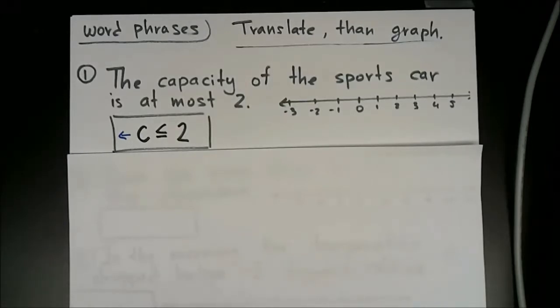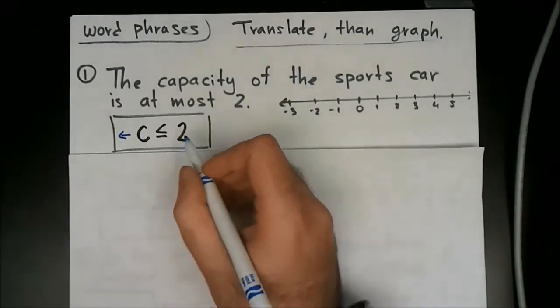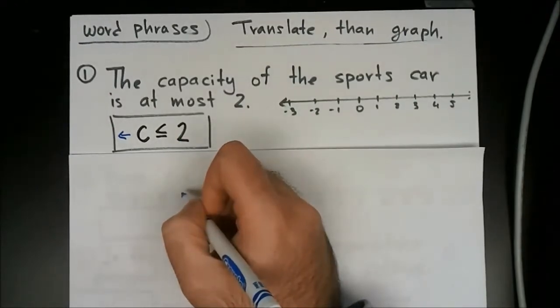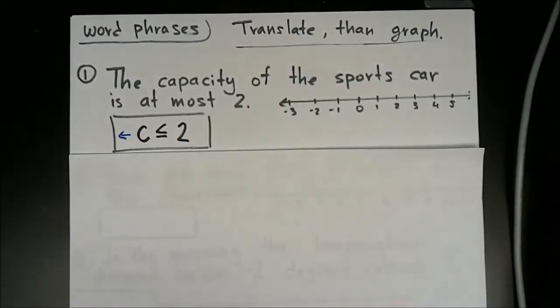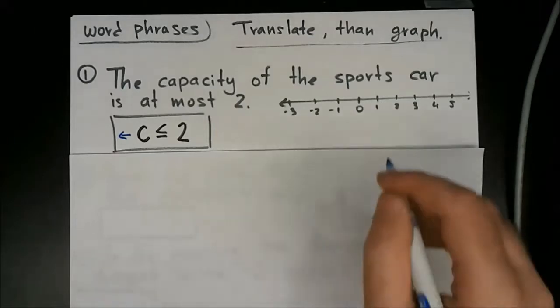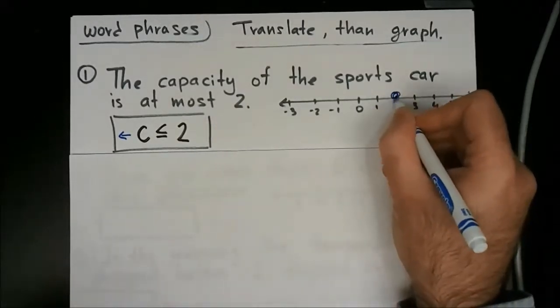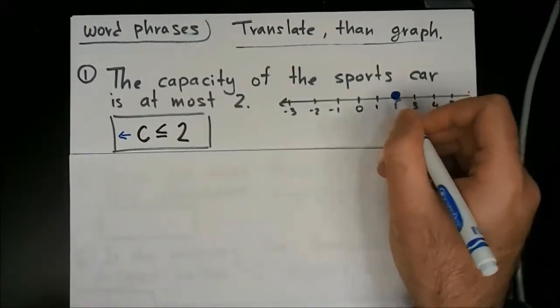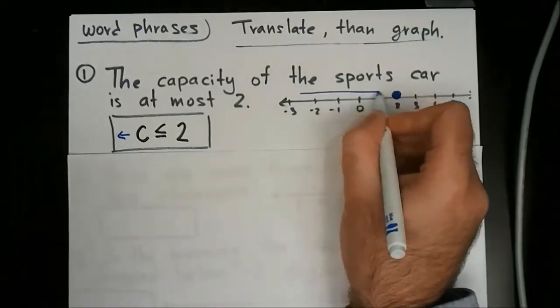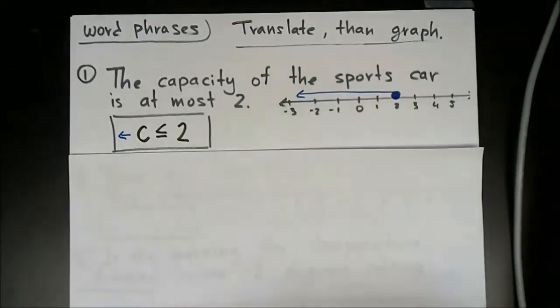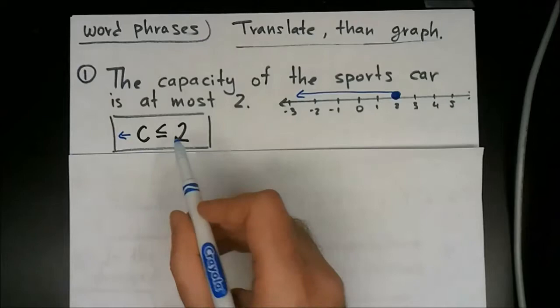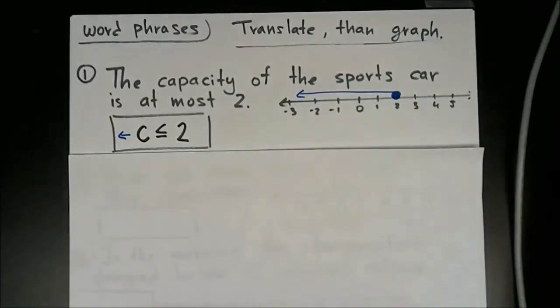My starting point? 2. Open or closed circle? Closed circle because it's also equal to. And that's it. You're done. You translated, you graphed it, you're done. Any questions?